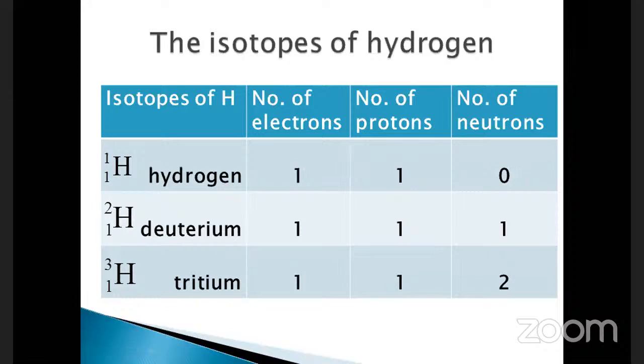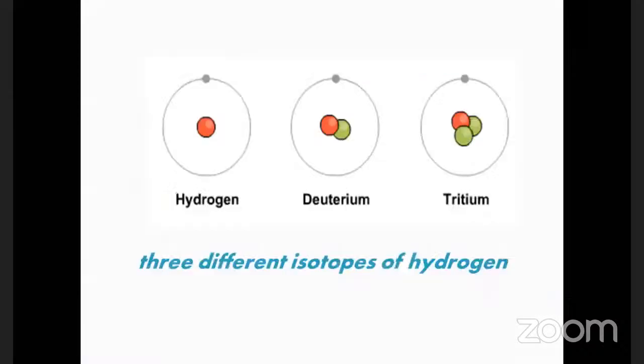Deuterium has 1 neutron and tritium has 2 neutrons. Their atoms will look like what you have there. You can see the one electron on each atom. The electron is outside the nucleus, and the nucleus contains either the proton alone or the protons with the neutrons.